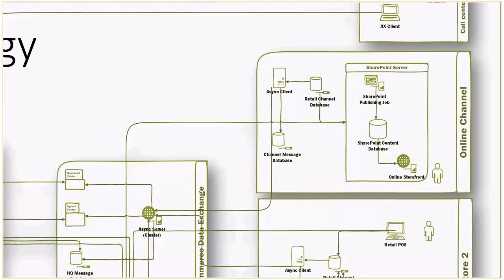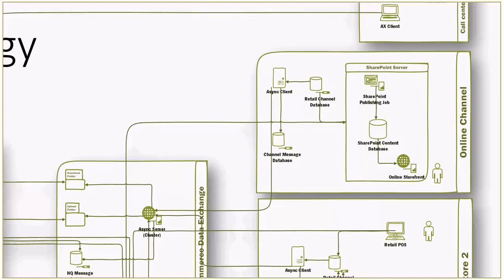Here you'll see once you've already installed your SharePoint server, which is a prerequisite, and you install all the prerequisites required for the online storefront to work, what you would do is you would then launch the AX installer and you would install a channel database.